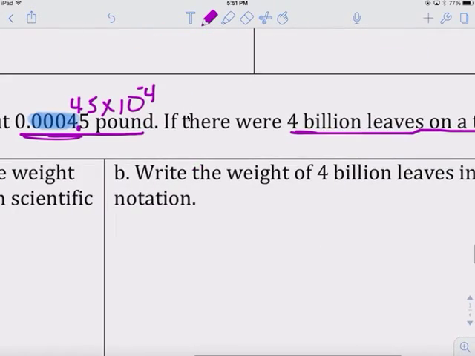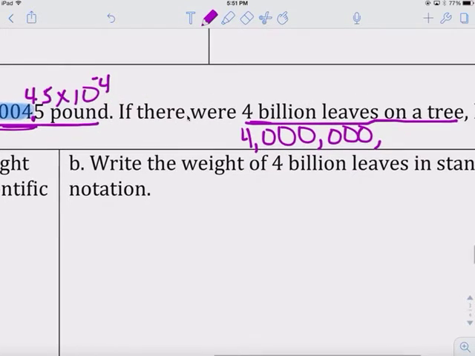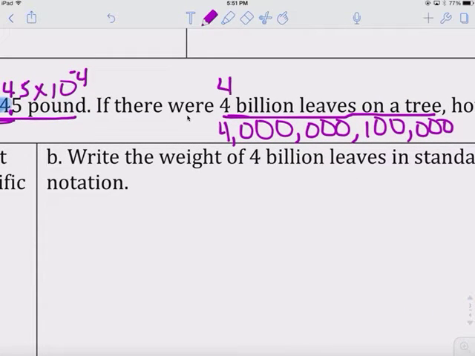The other one, 4 billion, that's 4 billion, million, thousands, hundreds, and ones. 4 billion. 4 times 10 to the, put it right here, count 1, 2, 3, 4, 5, 6, 7, 8, 9, 10, 11, 12.